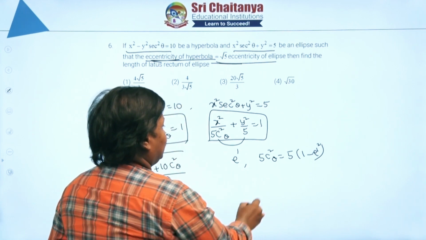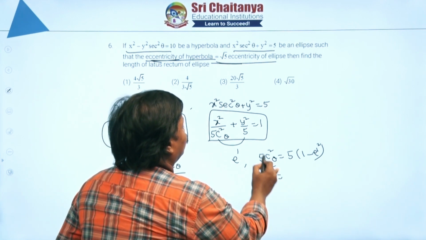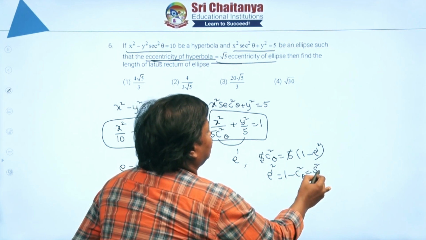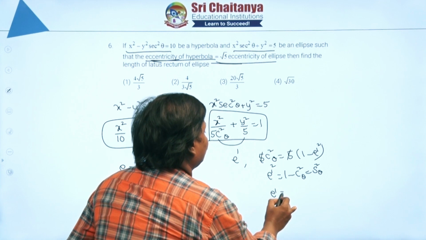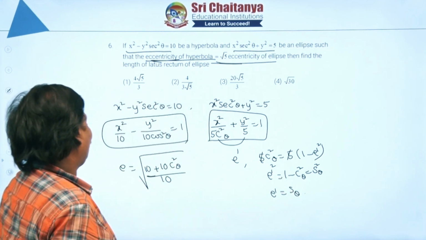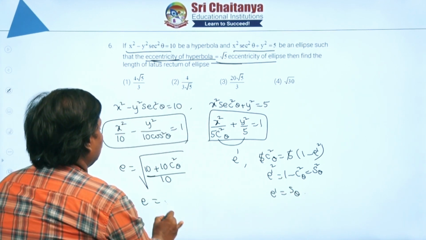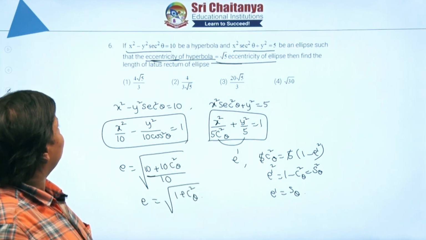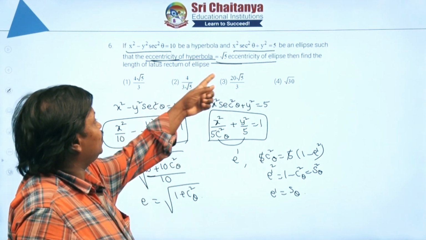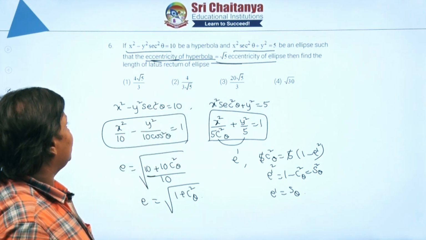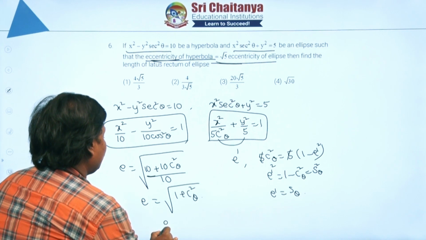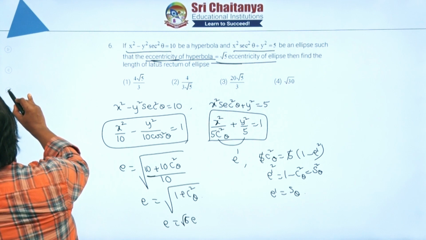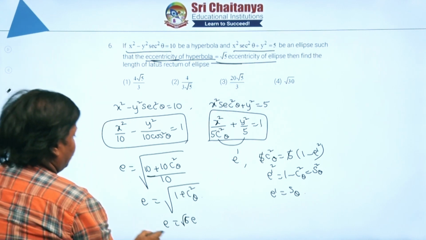So from this, e dash square equals 1 minus cos square theta, which is nothing but sin square theta, then e dash equals sin theta. So from here e equals the square root of 1 plus cos square theta. But he gave that the eccentricity of the hyperbola is root 5 times the eccentricity of the ellipse. So e equals root 5 times e dash.